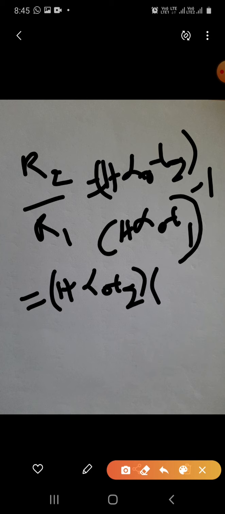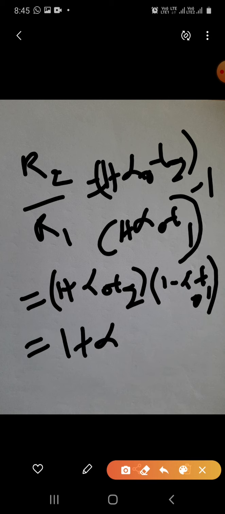So I can write this as 1 plus alpha 0 T2 into 1 minus alpha 0 T1, and again I can write alpha 0 T2 minus T1.